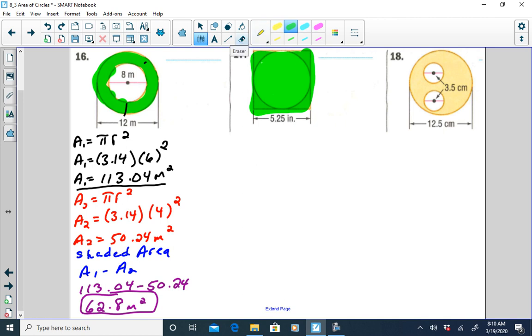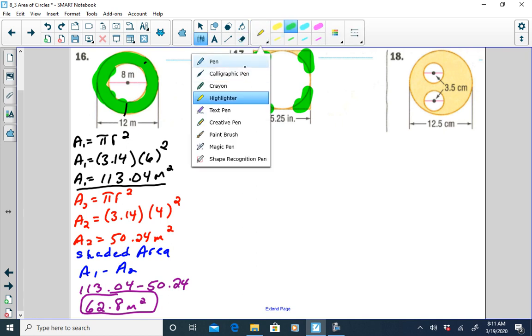And once again, if I find the area of that entire square and then I take away the area of the circle, what's going to be left is the area that's shaded. So that's going to be the mathematical process we use.